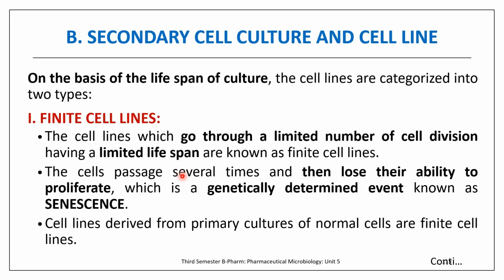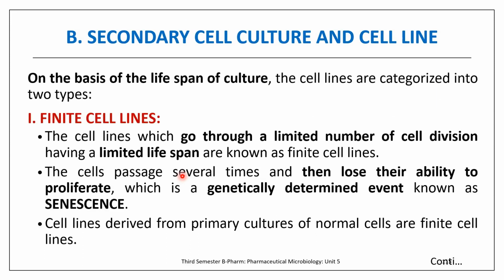So this is based on the lifespan of the culture. Once you are subculturing the secondary cell culture, on the basis of the lifespan of the culture, we classify the secondary cell culture into finite cells and infinite cells. In the case of finite cells, the cell lines go through a limited number of divisions with a limited lifespan.